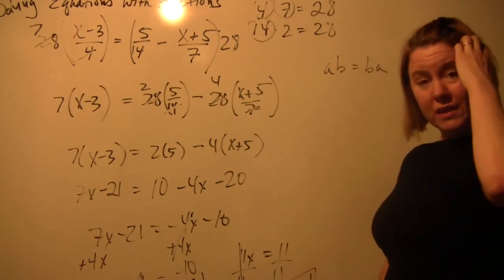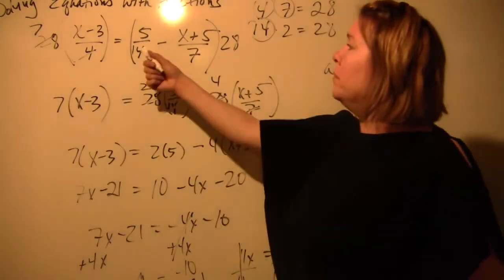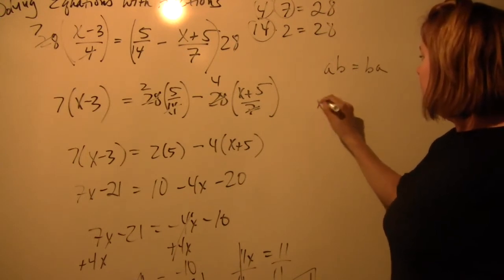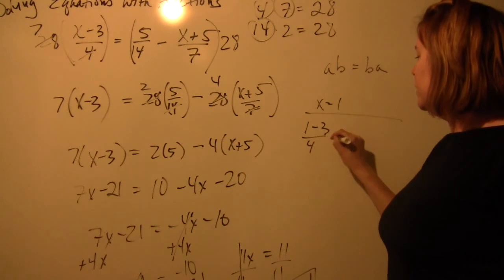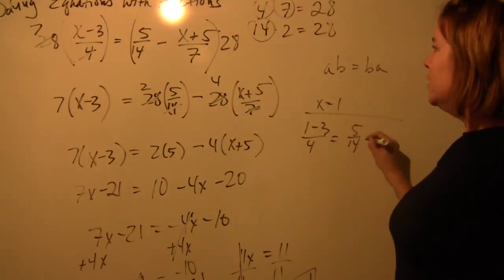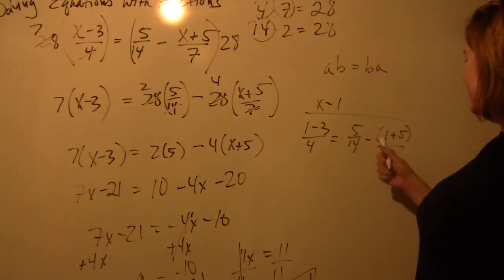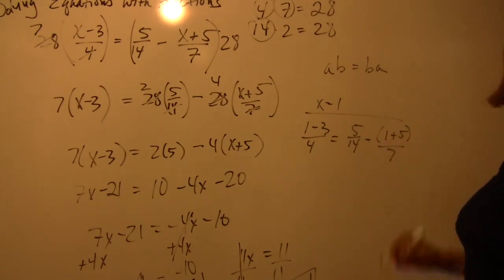Okay? So what does that mean? X equals 1 means if you went back to the original equation and you got 1 minus 3 over 4 equals 5 over 14 minus 1 plus 5 over 7. Notice I put the x plus 5 in parentheses in front of that minus.